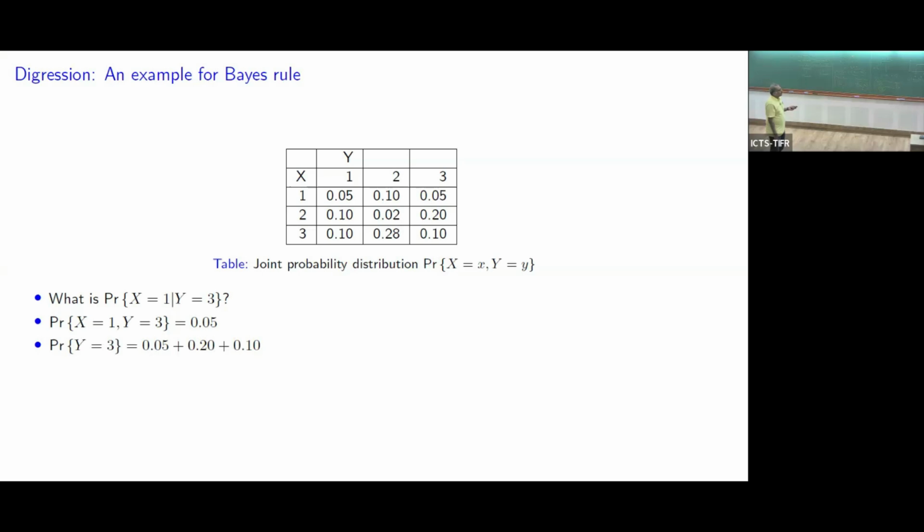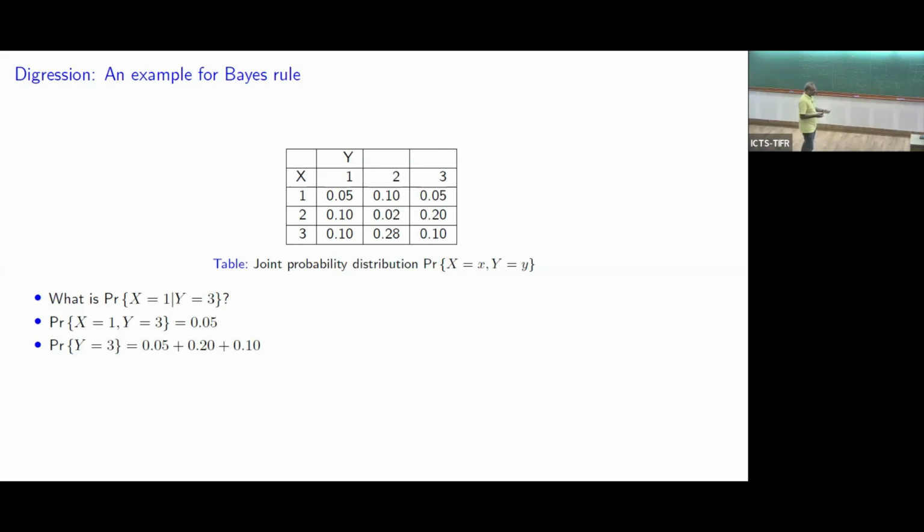How do you find probability of y equal to 3? You basically get it from the total probability rule. There are three disjoint sets that you have, which you get by looking at these different values that x can take. So x equal to 1 and y equal to 3 is disjoint from x equal to 2 and y equal to 3, and disjoint from x equal to 3 and y equal to 3.